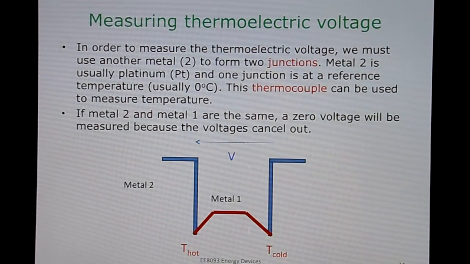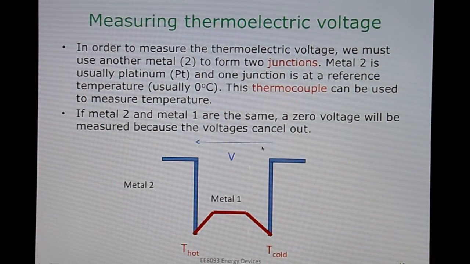And since T cold is a reference temperature, we can use the voltage V, which is measured by this thermocouple, to measure the temperature of the hot junction. And this is in fact an important application of the thermoelectric effect.